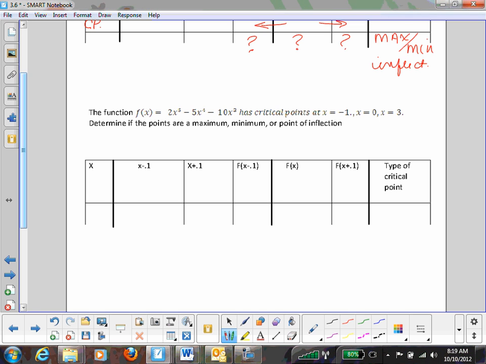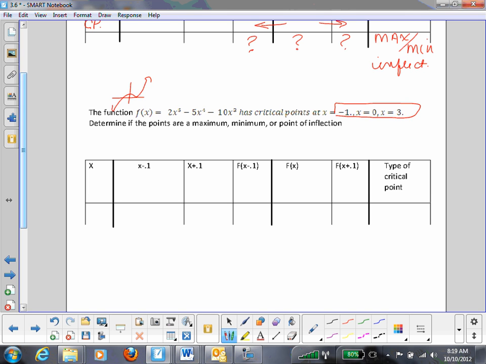Where are the tails? Odd and positive. So we're doing something that looks like this. So we have lots of loopies going on. I'm just doing a sketch to show you your tails, but we could have more than one hump going on in the problem. All right, I'm telling you that there are critical points at these values: -1, 0, and 3.